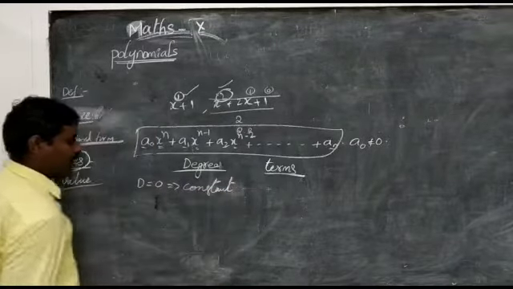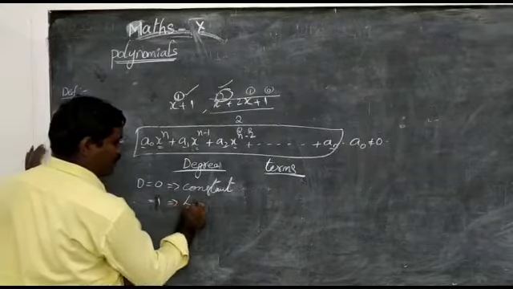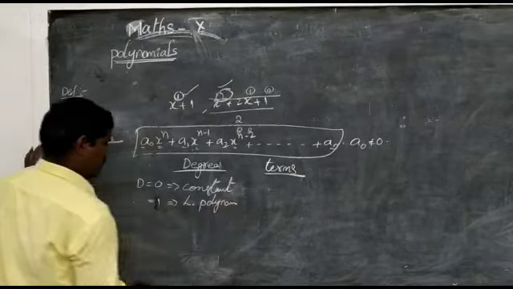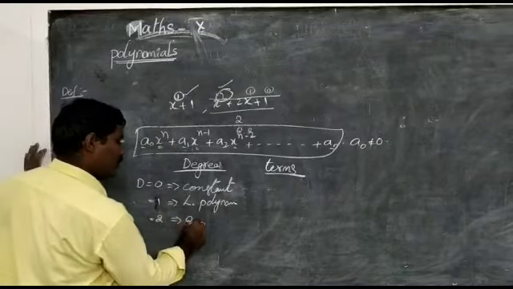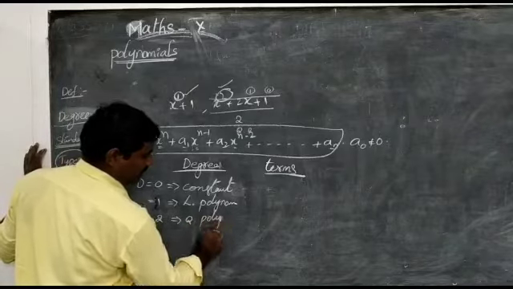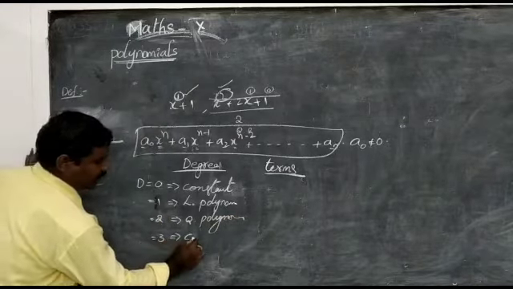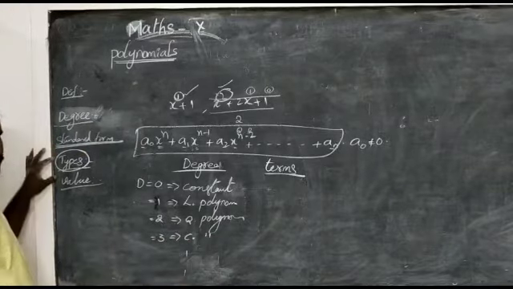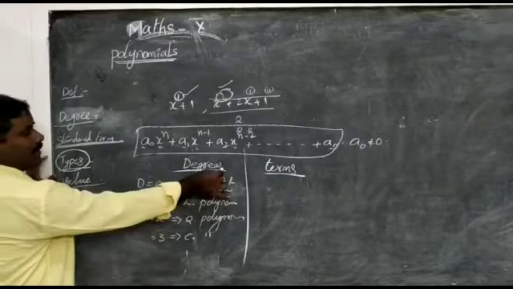If the degree is 1, linear polynomial. If the degree is 2, quadratic polynomial. If the degree is 3, cubic polynomial, and so on, biquadratic polynomial, like that. These are the types of polynomials based on degree.